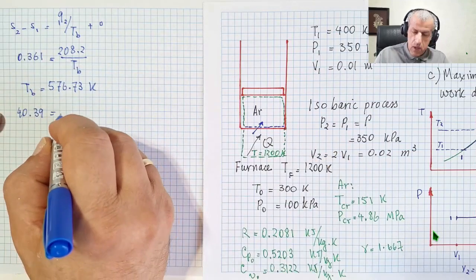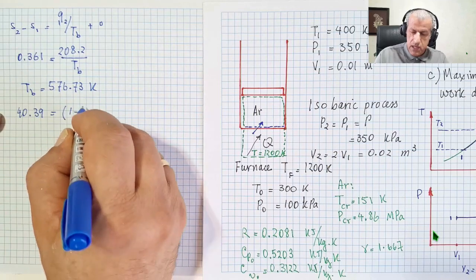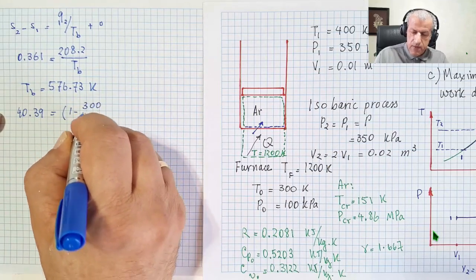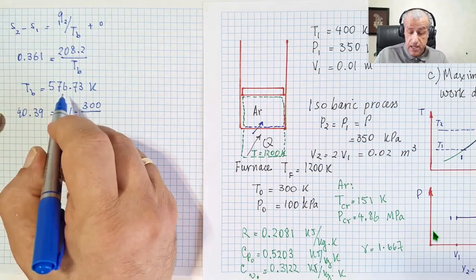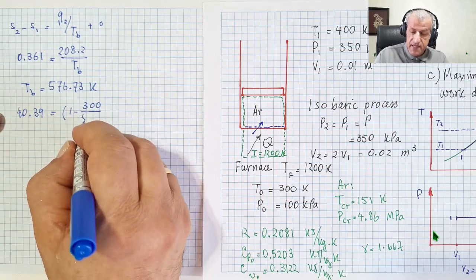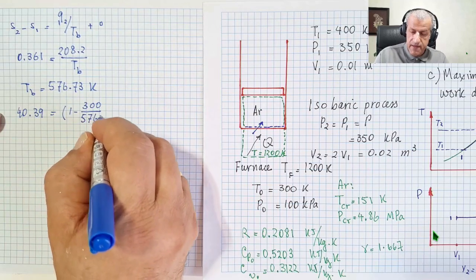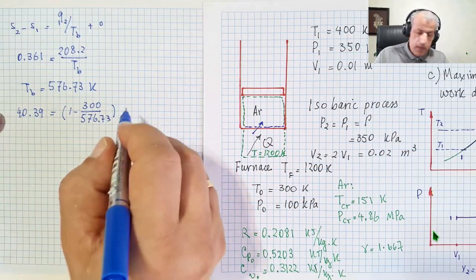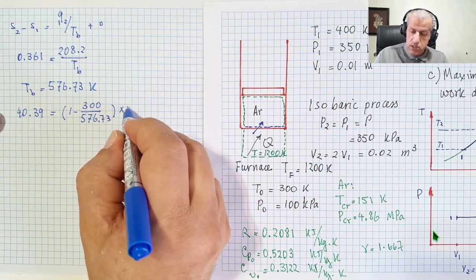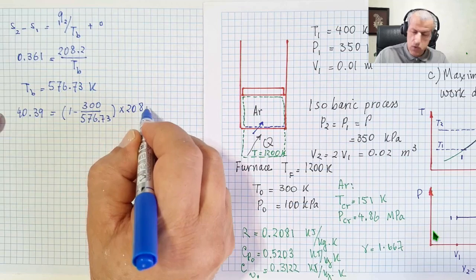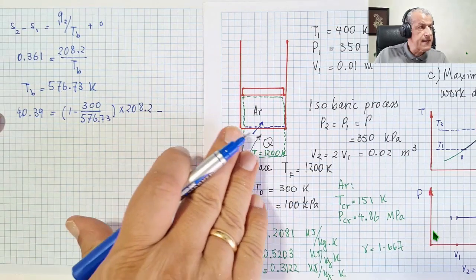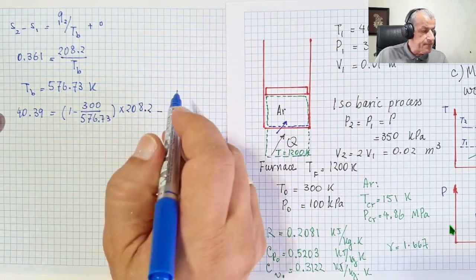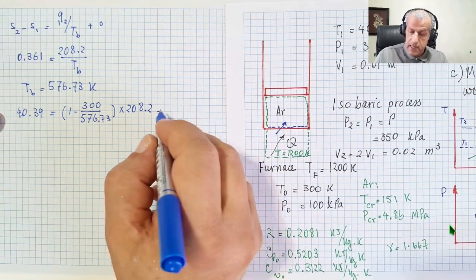It would equal 1 minus 300 divided by, now the boundary temperature is 576.73, times Q, which is 208.2, minus W, which is 83.